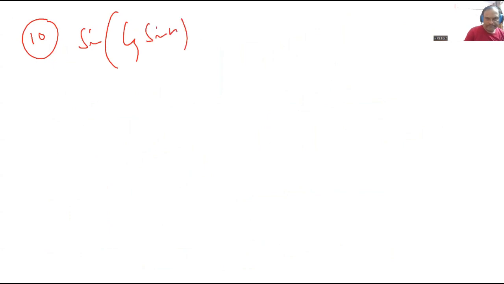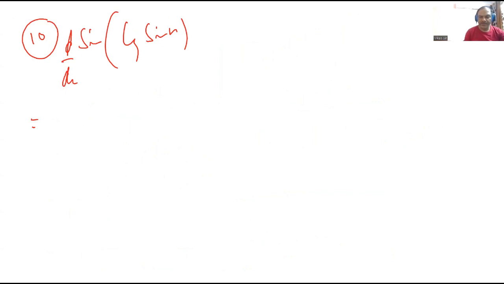Let's do one more question. You are having sine log sine x. Now the outermost function is sine. We have to differentiate with sine first. Now we know the parent function is sine x, and we know the differentiation is cos x. I'm not writing the formulas again on the right hand side.